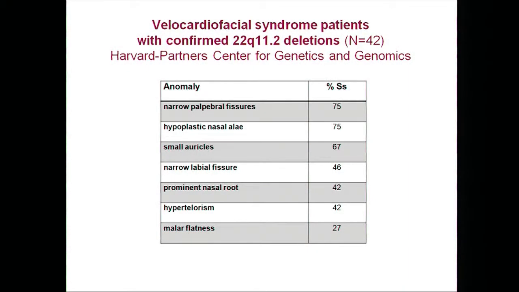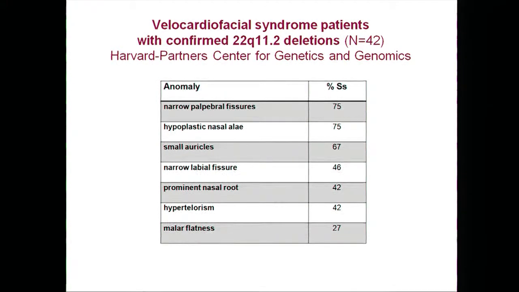But the point of this slide is to see how there is such a range of these anomalies. When you measure them objectively, you see that they do, in individuals, cohere into a recognizable case of velocardiofacial syndrome. But there is variable expression of that phenotype.